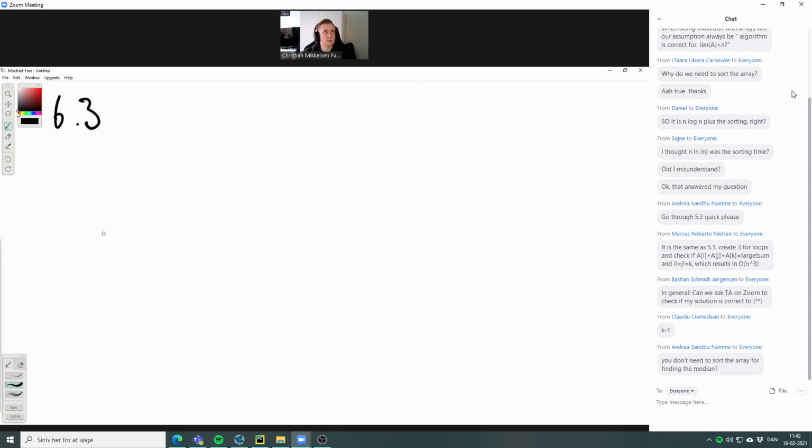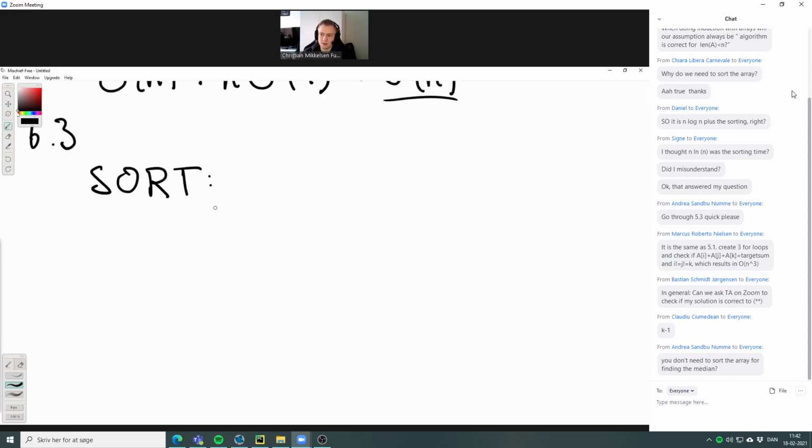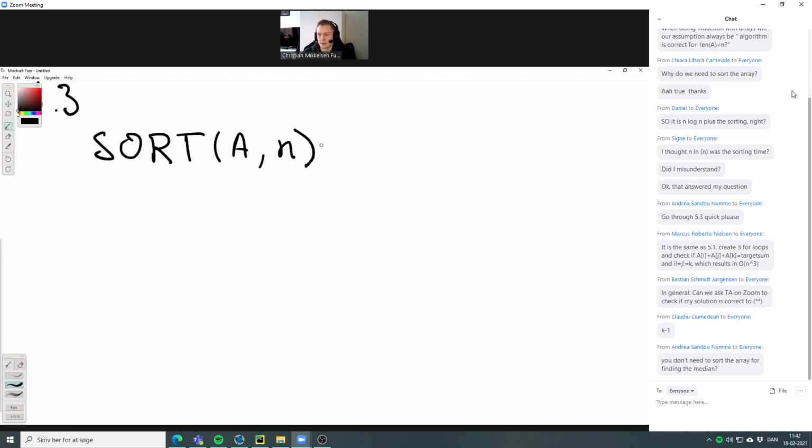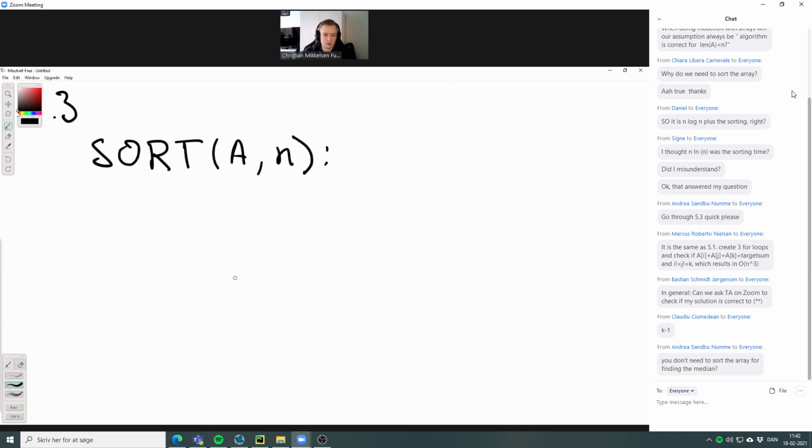What's the best way to write this? Okay, so let's say that we want to sort our array, right? Sort A and N. Well, the first thing we can do is if N is equal to 1, we can just immediately return.